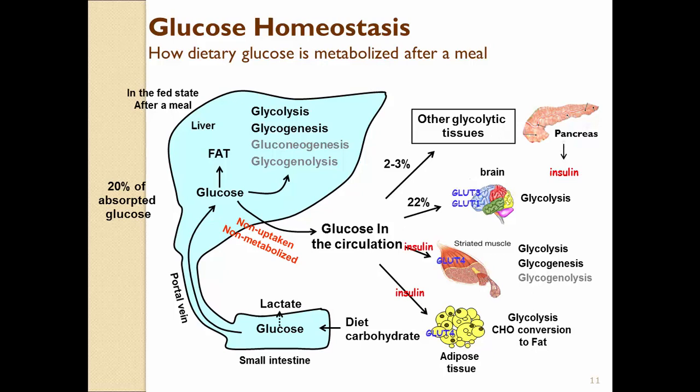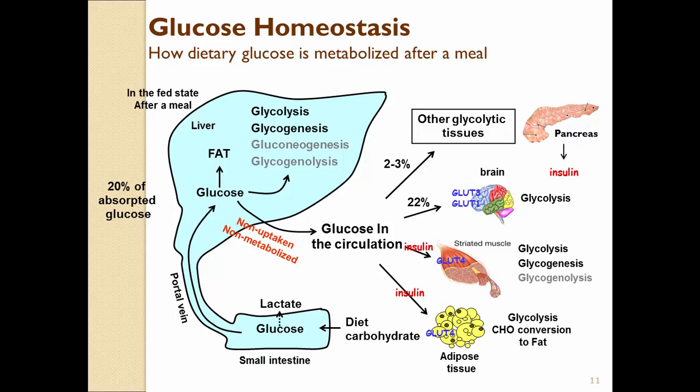I also wanted to mention the glucose transporters we talked about earlier, right, when we talked about digestion and absorption. Glucose is always transported into cells by transporters, and different tissue cells have different types of glucose transporters.